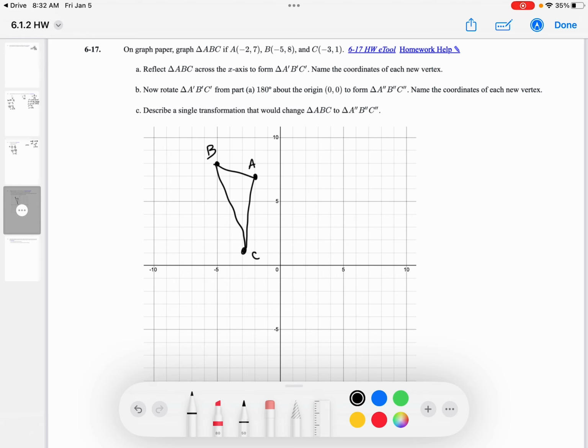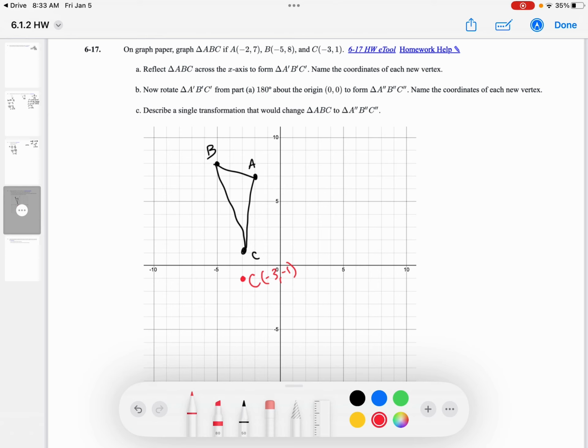The first question asks us to reflect ABC across the x-axis to form A prime, B prime, C prime. Okay, so C we're going to reflect here. And C is going to be at -3, -1. A, the x value stays the same.